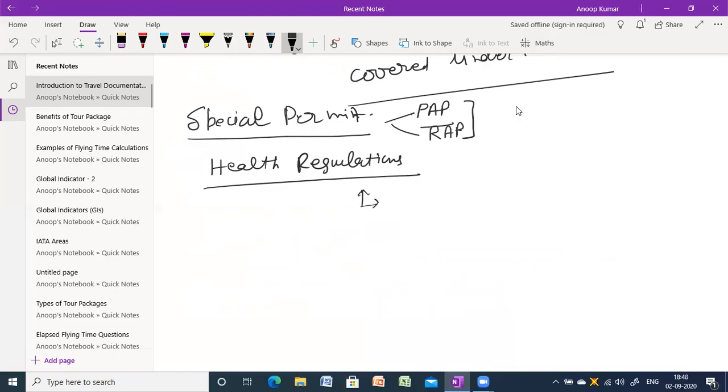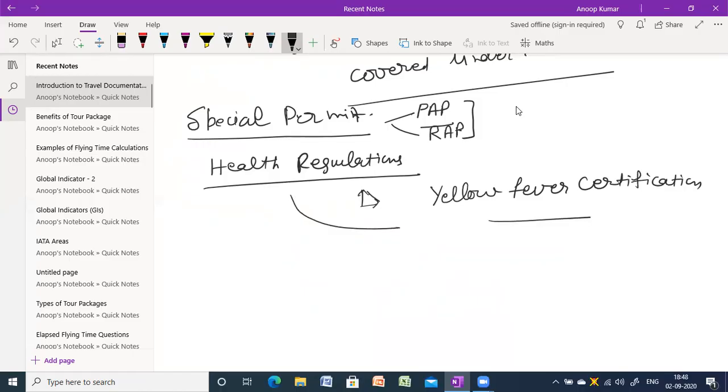We will study one of the health documents, which is called yellow fever certification, which is an important topic in health regulations. So we will study about these health regulations also in travel documentation.